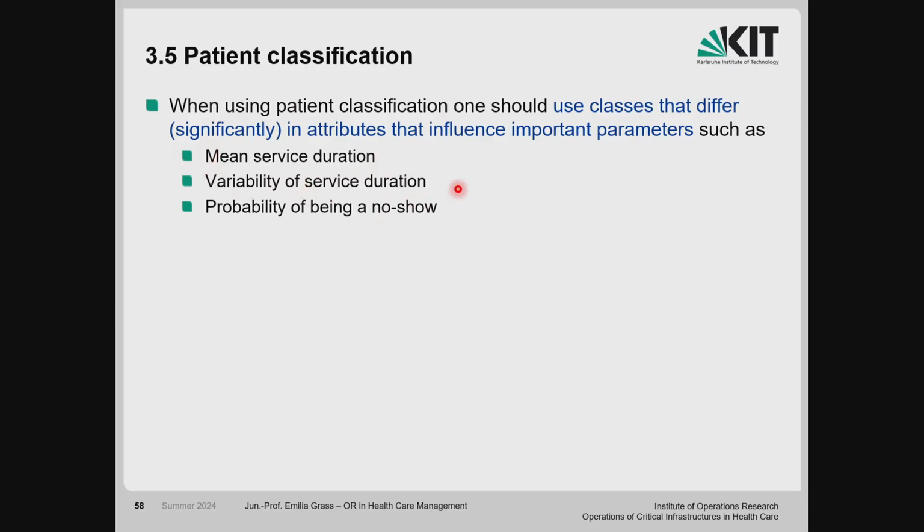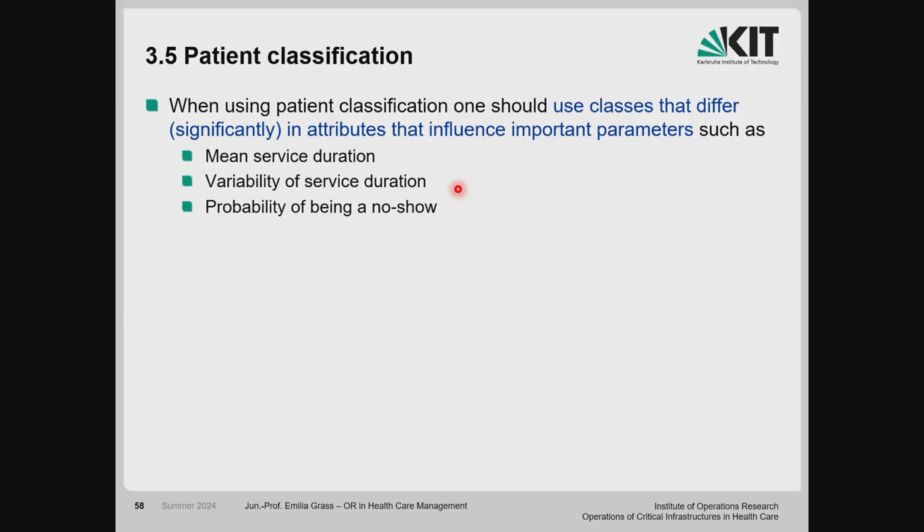One patient class needs less service than others, but sometimes you don't know. It could be done easily, but it could happen that there are complications, although the illness is the same. So we have some variability in the duration time, and of course we might have a high probability of no-shows.